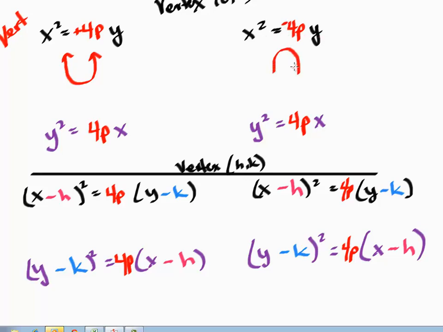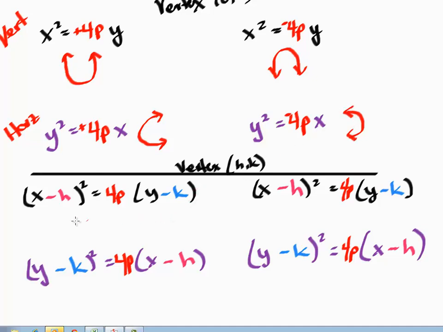That's a vertical reflection across the x-axis. It's going to be opening down. Now, if we have x is equal to y squared, this is going to be horizontal. If we have 4p that's positive, this is going to be opening to the right. And if 4p is negative, that coefficient is negative, we're going to be opening to the left.